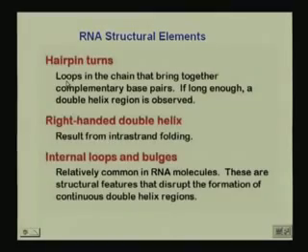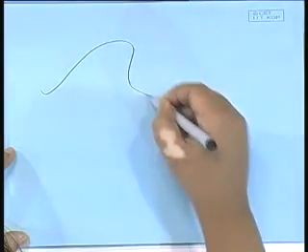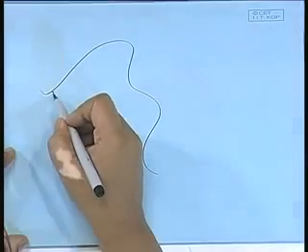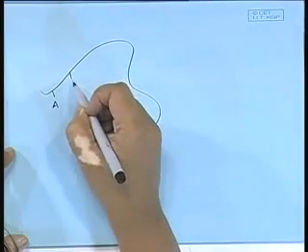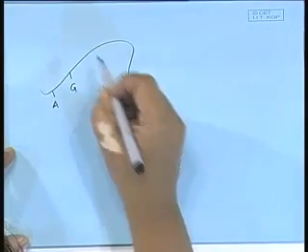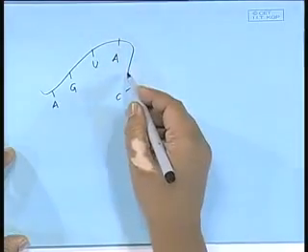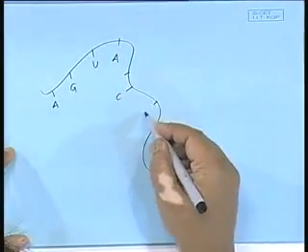So, when we are talking about RNA, actually we have a strand, a single strand. Okay? I may have an A here, a G here, a C here, a U here, another A here, and so on and so forth, a C here.